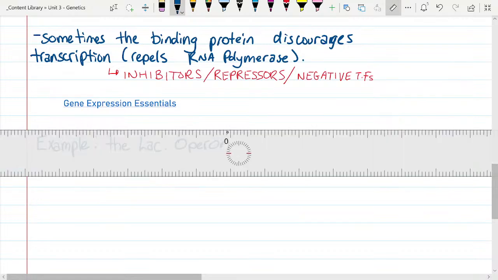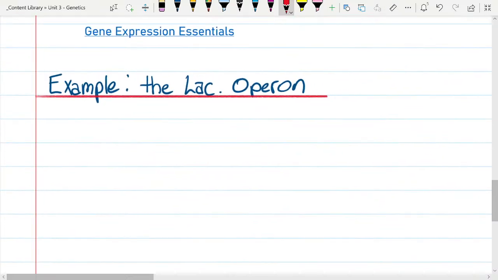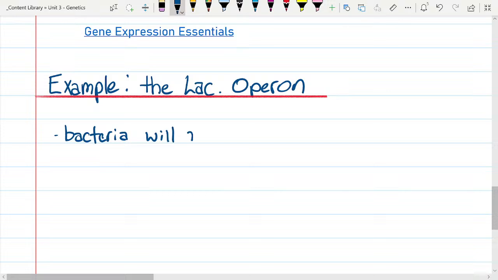All right. So, example, the lac operon. We're going to use a bacterial example because bacteria are simpler. Does that make sense? So, bacteria will always use glucose as a primary food source, will always use glucose as an energy source if available.